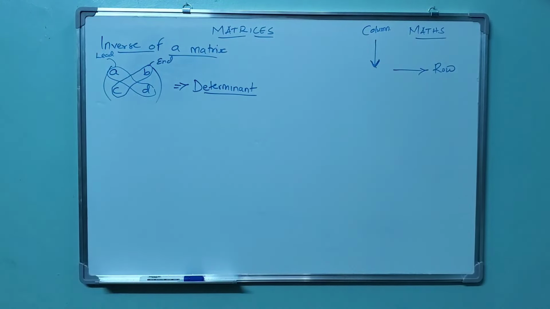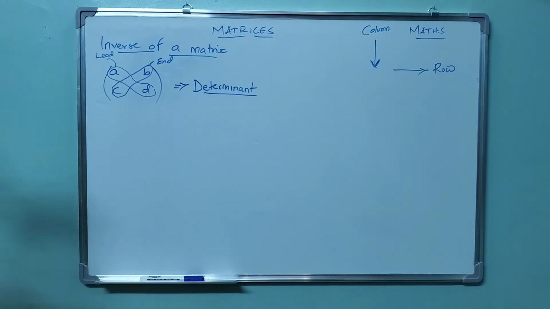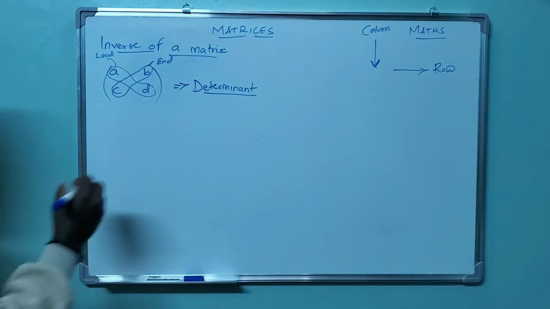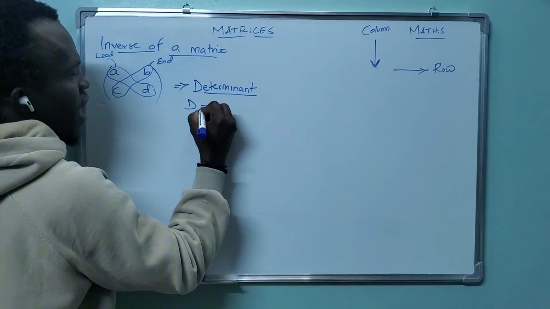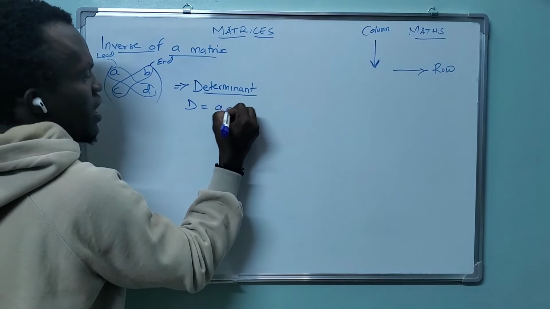So whenever you want to get the determinant, you get the difference between the product of the lead diagonal and the product of the end diagonal. So it means that for me to get the determinant, I'm going to take the lead diagonal, which is AB.